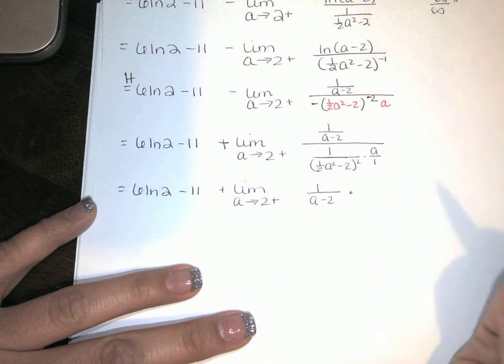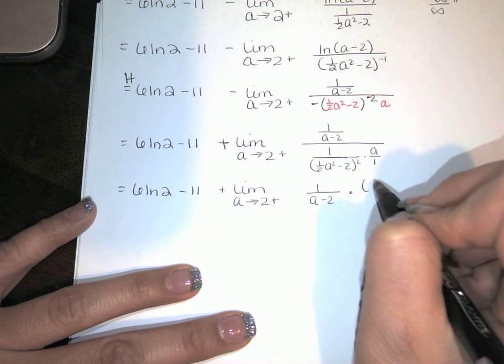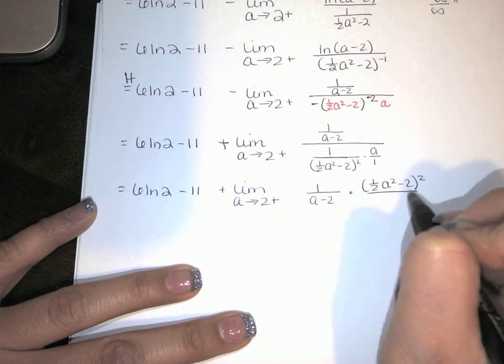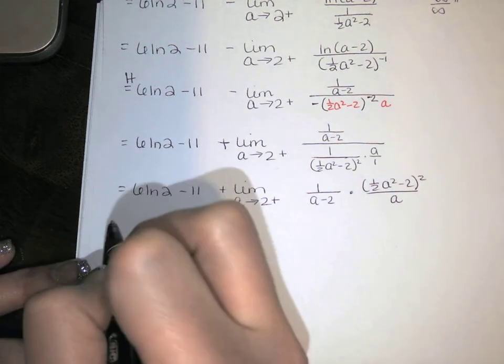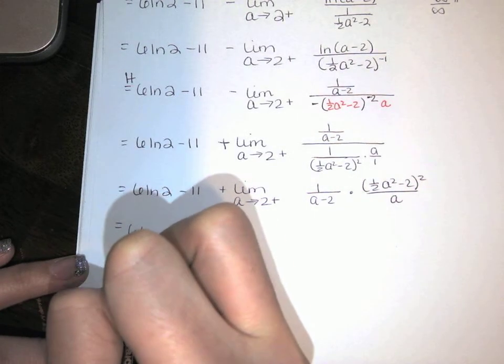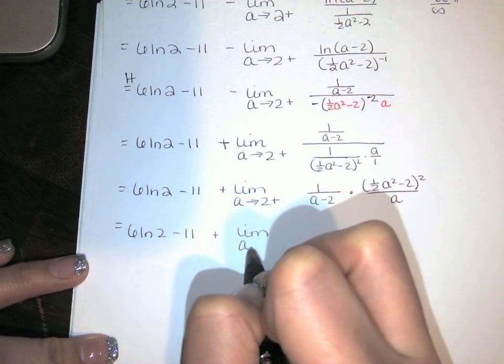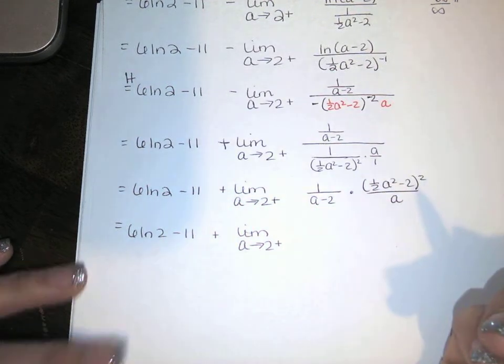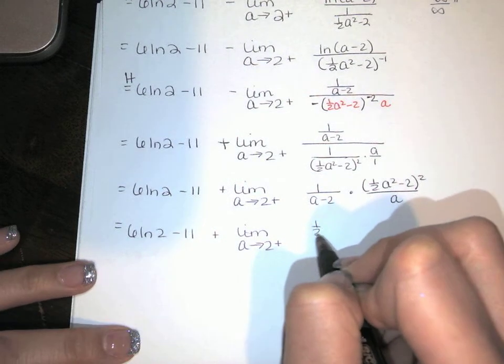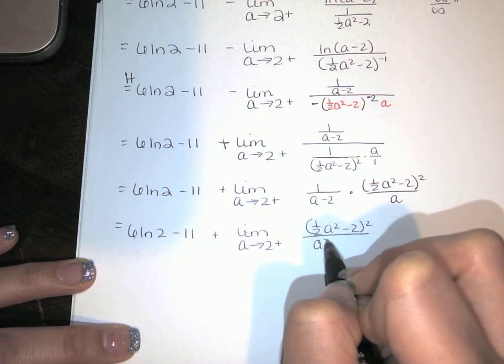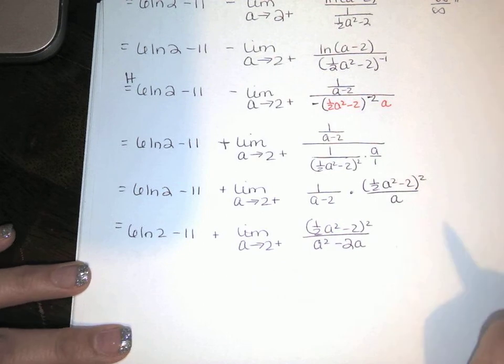Take the one in the denominator, flip it, and multiply. All right, so I've got 1/2 a squared minus 2 quantity squared over a squared minus 2a.